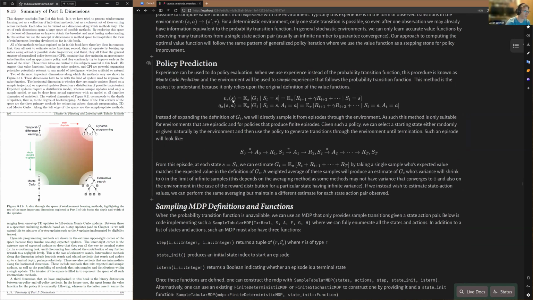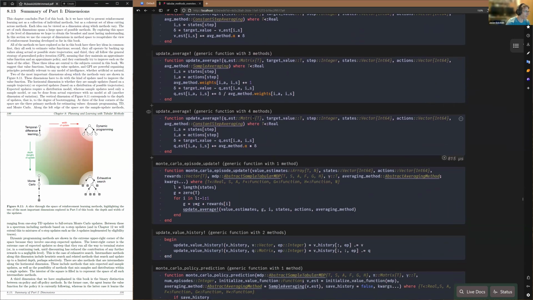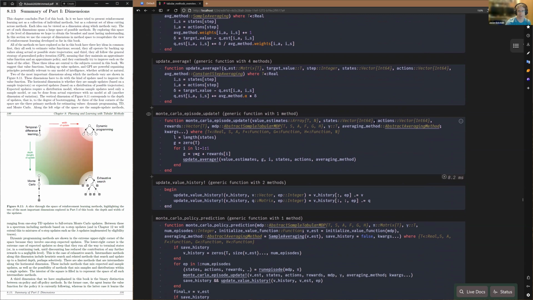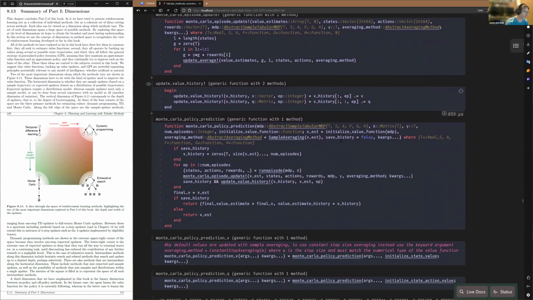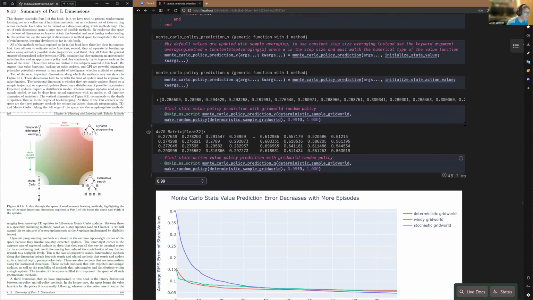And every time we visit a state, we have some example of a trajectory, and that will produce a G value. So that's what happens in Monte Carlo prediction. Here we're just doing a simple average: every time we encounter a state, we compute a new sample G value and then add it.